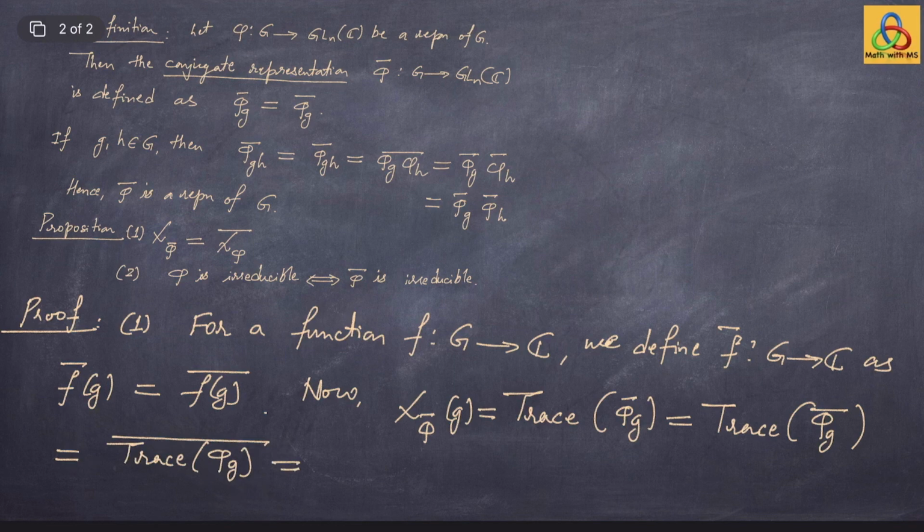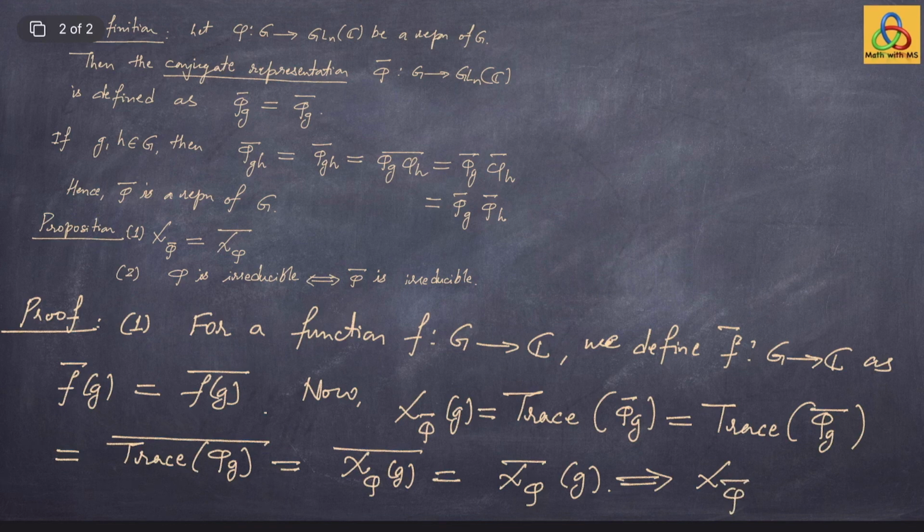What is the trace of phi g? That is the same as chi phi of g, and take its complex conjugate. That by definition is the same as chi phi bar acting on this group element g, right? So this implies that the character of the complex conjugate of a representation is the same as the complex conjugate of its character. This proves the first part.